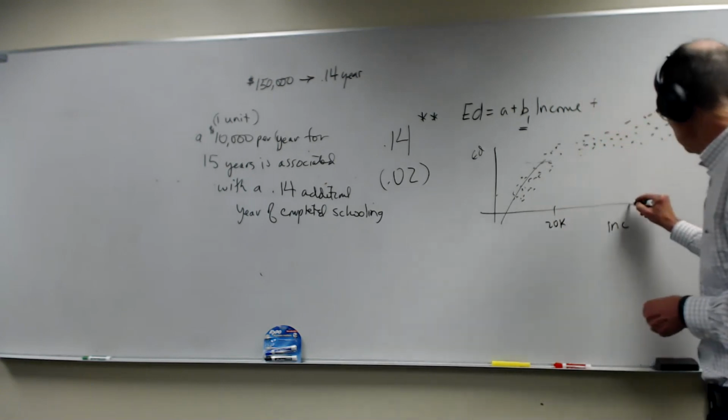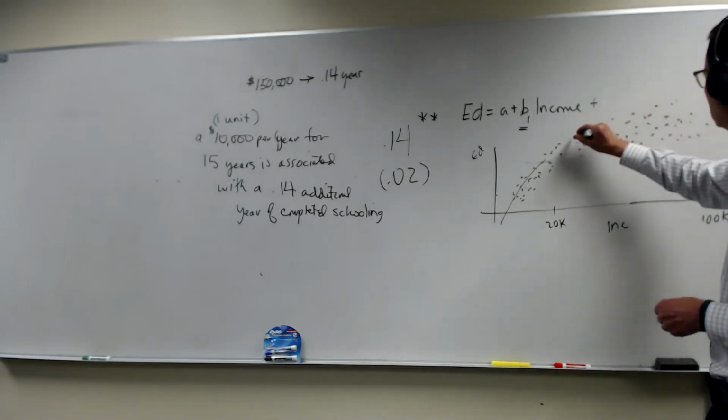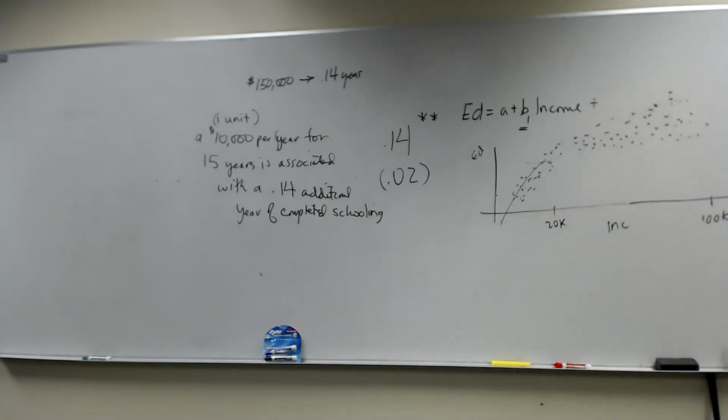And then once you got above $20,000, let's say 100,000, there's still some increase, but the increase isn't nearly as rapid as in the low income segment, right?